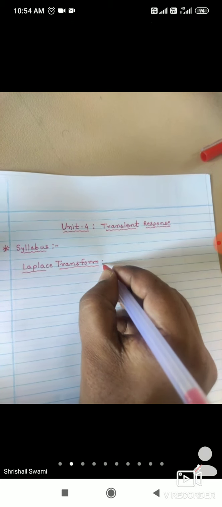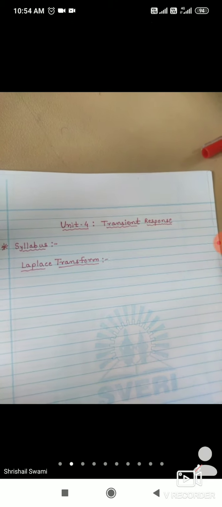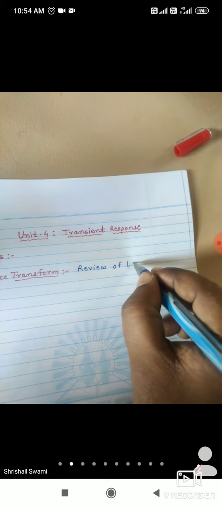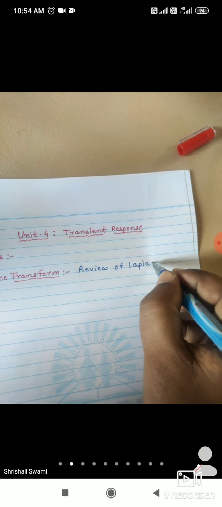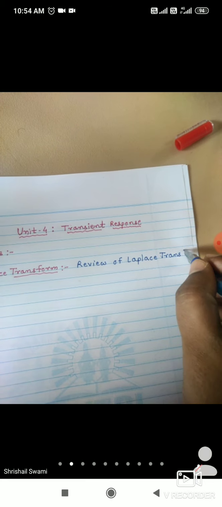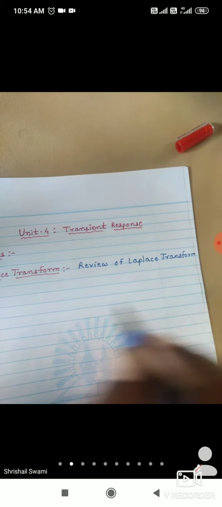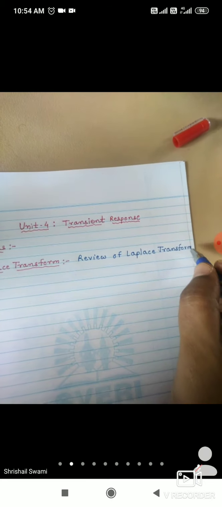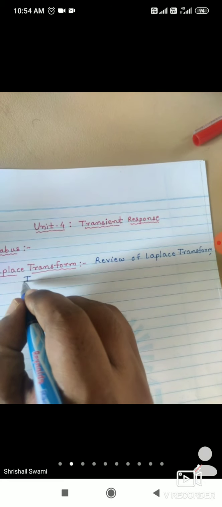We are not learning Laplace transforms again, you learned them in M3. Just we have to take a review of Laplace transform, that is formulas and its properties.